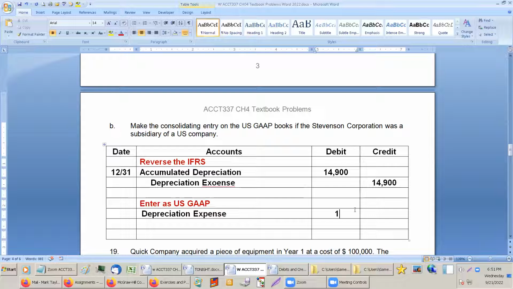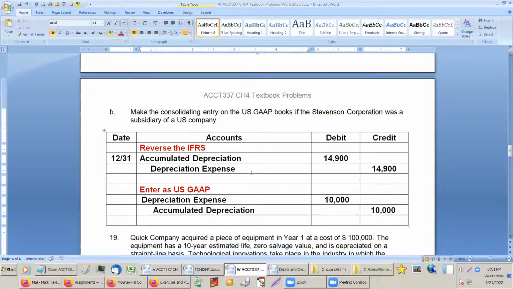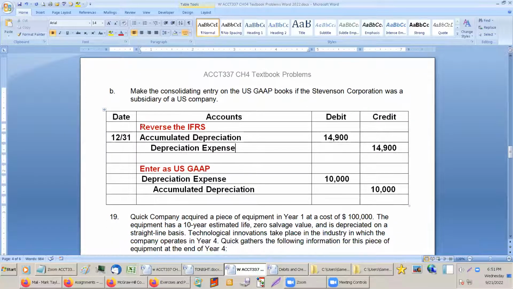And when we did the second one, we did before. And if you're doing auditing, say reverse the error, enter the corrected entry, or something along those lines.